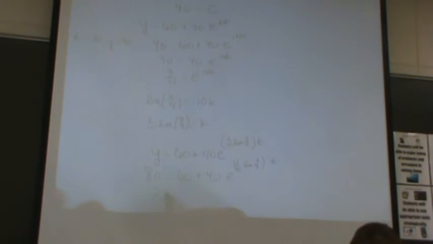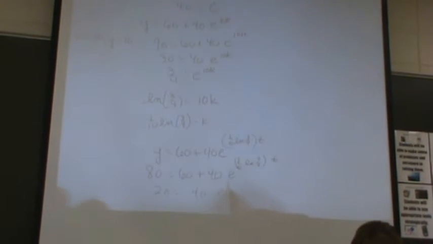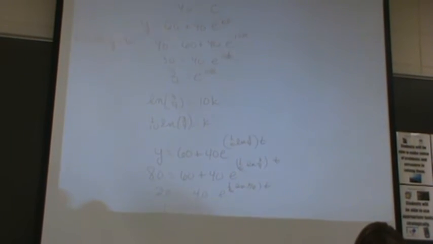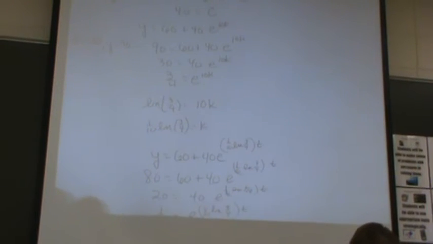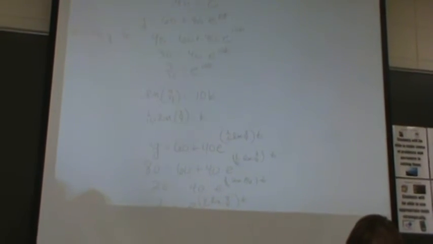So 80 will equal 60 plus 40 e to the 1/10 ln of 3/4 times t, or 20 is equal to 40 e to the 1/10 ln 3/4 times t. Dividing by 40, a half will equal e to the 1/10 ln of 3/4 times t. I know it's a pain to keep writing that, but it does make a difference. Take the ln of each side and solve for t. We get t is approximately 24.094 minutes.